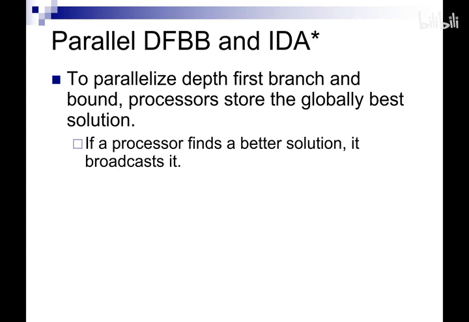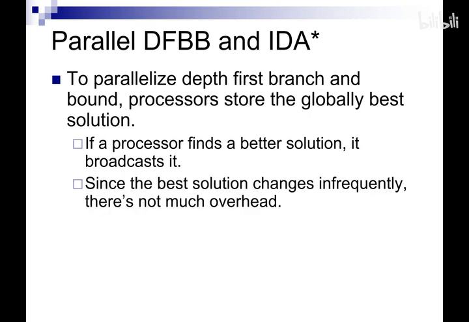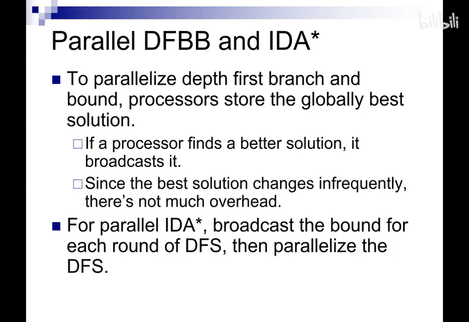We store the globally best solution, and if a processor finds a better solution, it updates everyone by doing a broadcast. The best solution probably doesn't change very often, so even though we broadcast each time we find a better solution, we probably won't pay too much overhead.